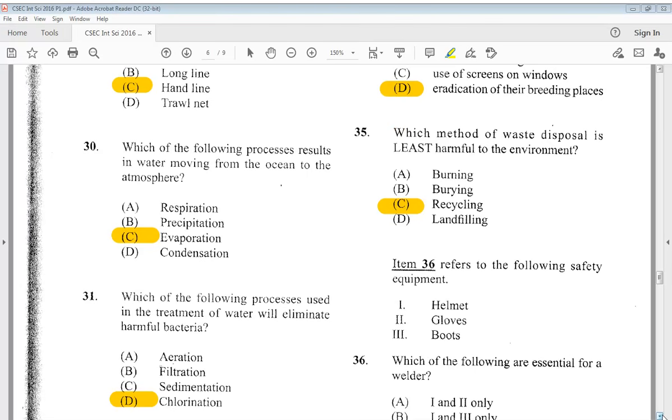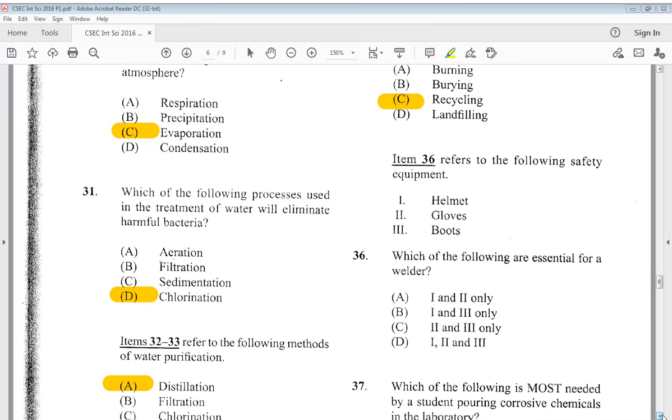Item 36 refers to the following safety equipment. 1. Helmet. 2. Gloves. 3. Boots. So 36 says, which of the following are essential for a welder? Which one of those are essential for a welder?